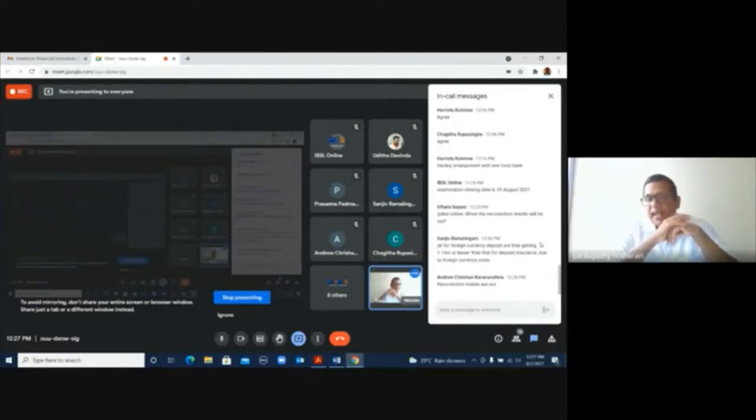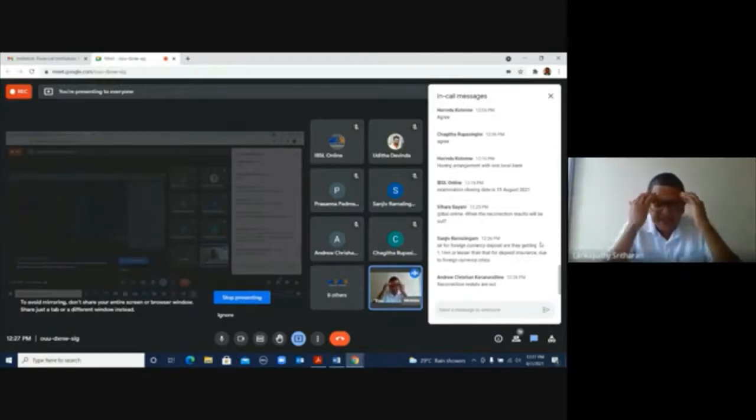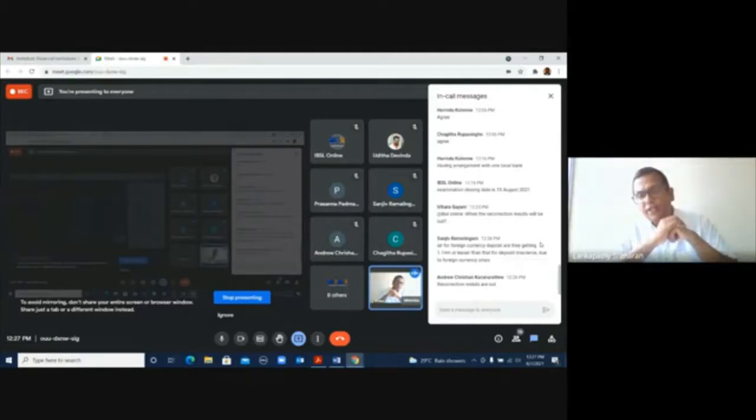Just check. And they say, sir, for a foreign currency deposit, they are getting 1.1 million or less for deposit insurance due to the foreign currency rate. No, it is very clearly stated in the Gazette notification. In September 2010, they published the Gazette notification. Whether it is a rupee deposit or a foreign currency deposit, the depositors are eligible to get the same amount. So even for a foreign currency deposit, they are eligible to get the 1.1 million.